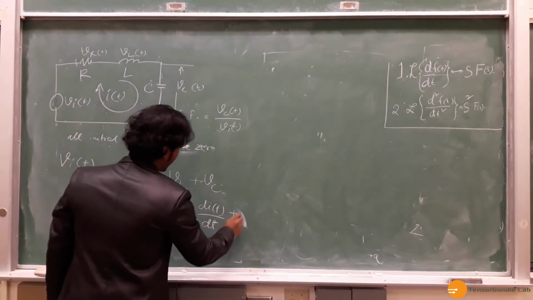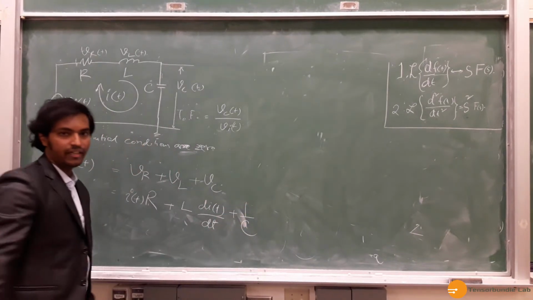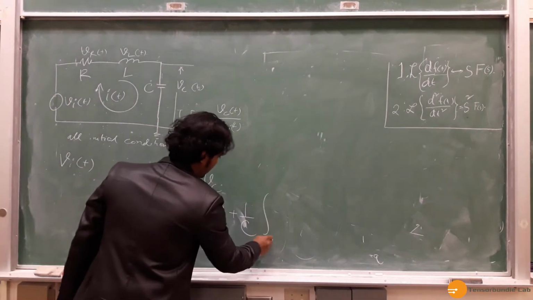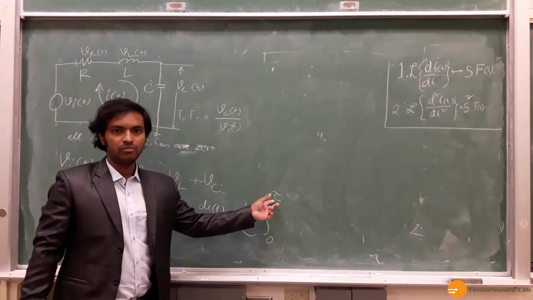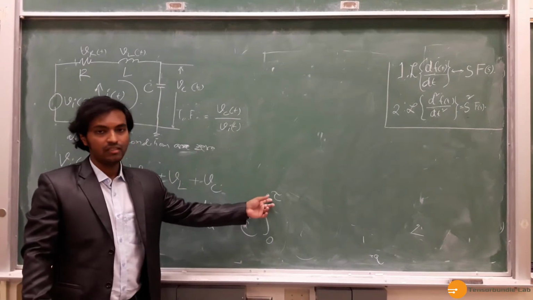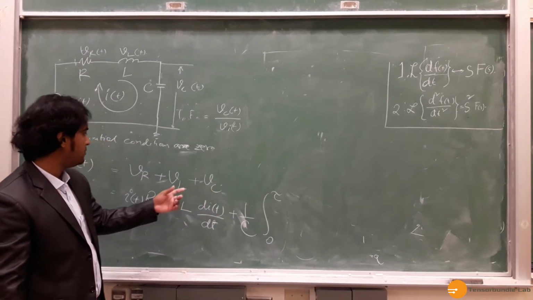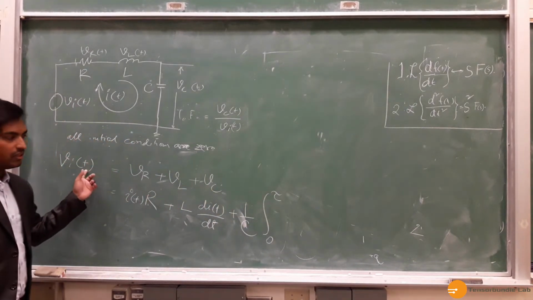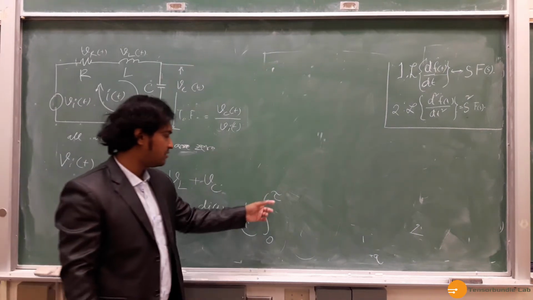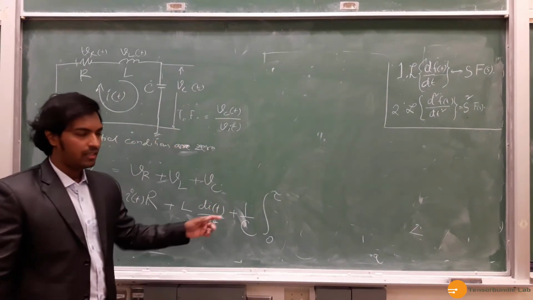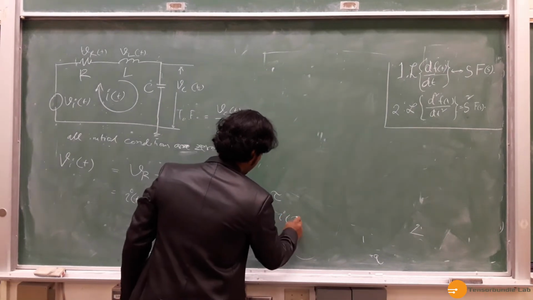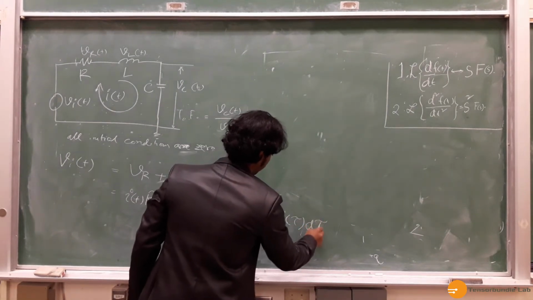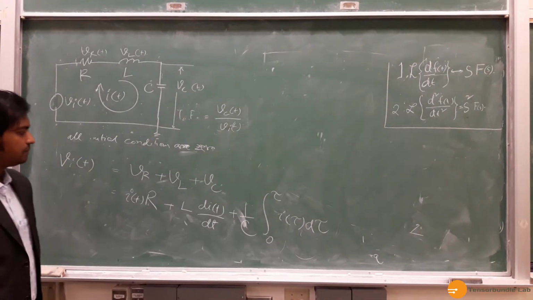And the voltage across the capacitor is defined as 1 over C times the integral of the current. I'm using a dummy variable, tau, although tau is basically time, but I already used time in this equation. So in order to separate this variable, I'm just using tau for the sake of understanding. But basically tau is time, same thing. Alright?